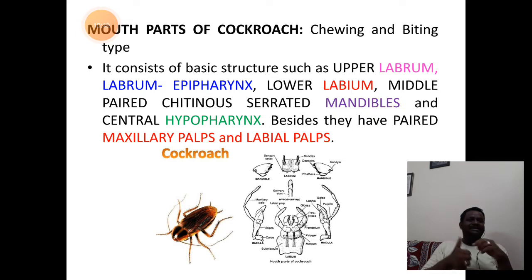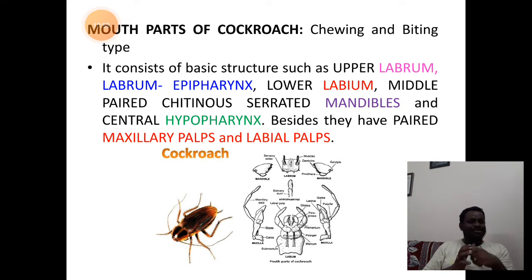The fifth part is hypopharynx. Students, remember, hypopharynx is related to the tongue of the organism. Hypo means lower, so below. So the lower part of the pharynx, where you find the tongue, is called the hypopharynx region. Then the next part is the maxillae.